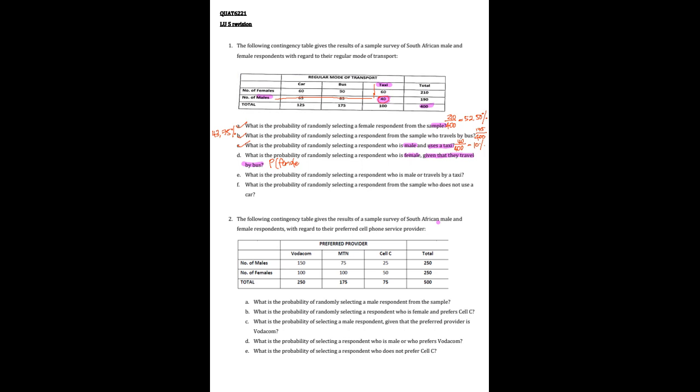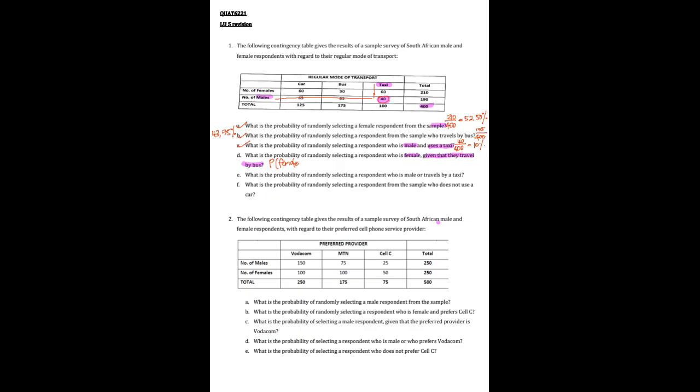Meaning that we already know in advance that the person travels by bus, but now we want to know, given that, what is the probability that it will be a female? So in advance, you already know that the person's mode of transport is a bus. All you're trying to determine is the gender of the person, or what the chances are of it being a female.